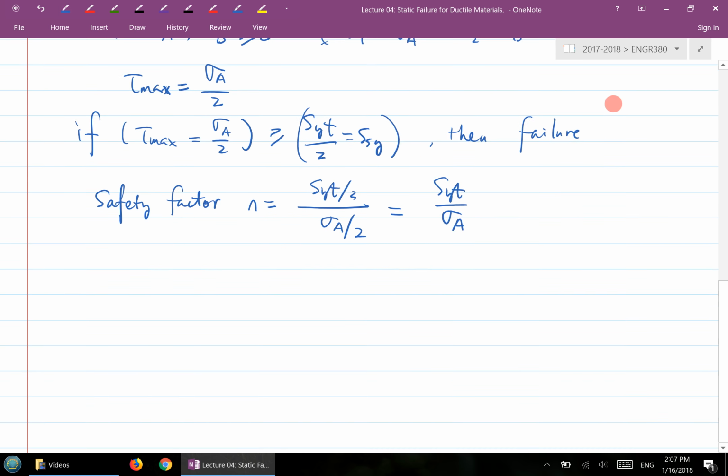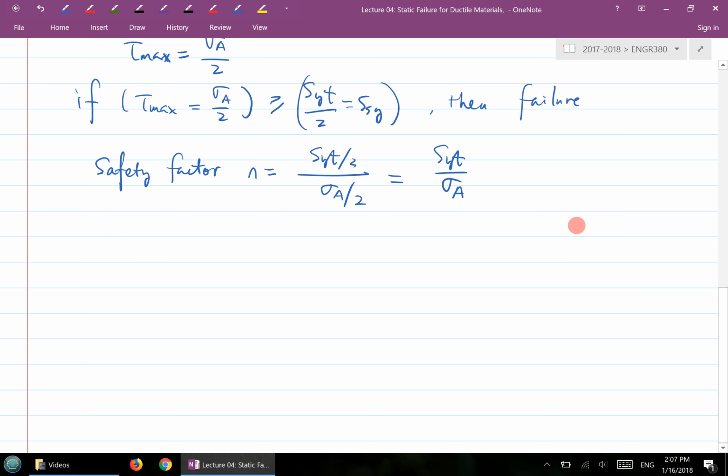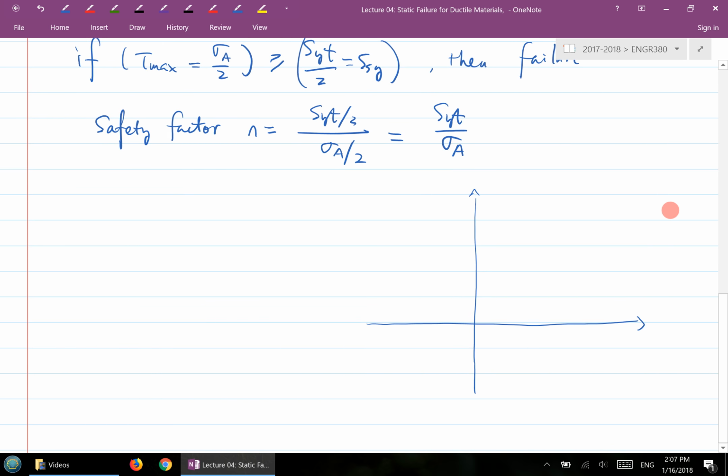So what we're going to do is put everything in a graphical illustration here. We're going to have a graphical representation. You draw an XY coordinate system with X as sigma A and Y as sigma B. So sigma A is your x-axis and sigma B is your y-axis.